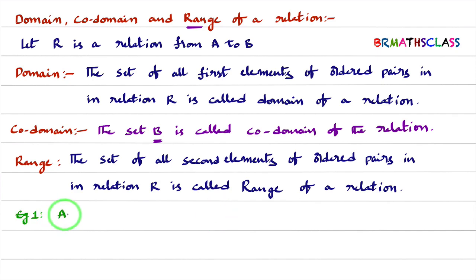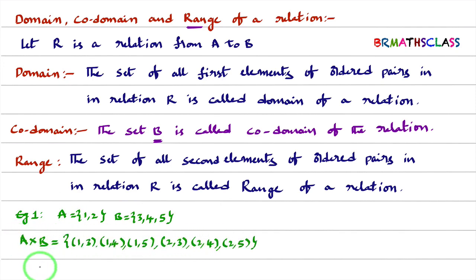In this example, I am considering set A as {1, 2} and set B as {3, 4, 5}. From this, what is A cross B? I'll write A cross B. Now, I'll consider a relation R from A to B. What is the definition of a relation that we learned in the last class?